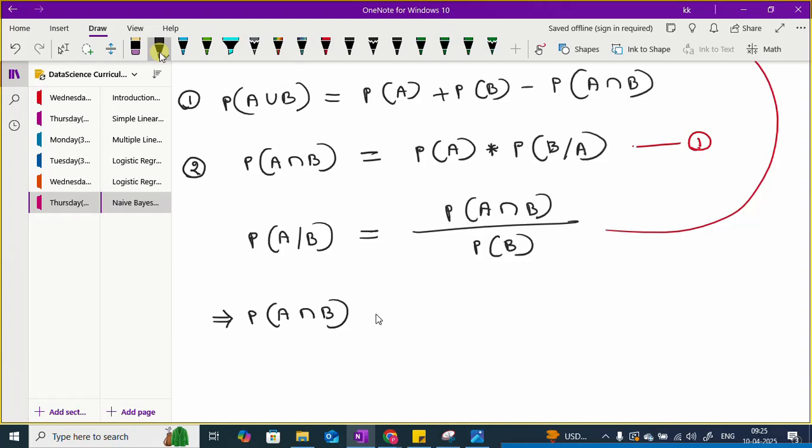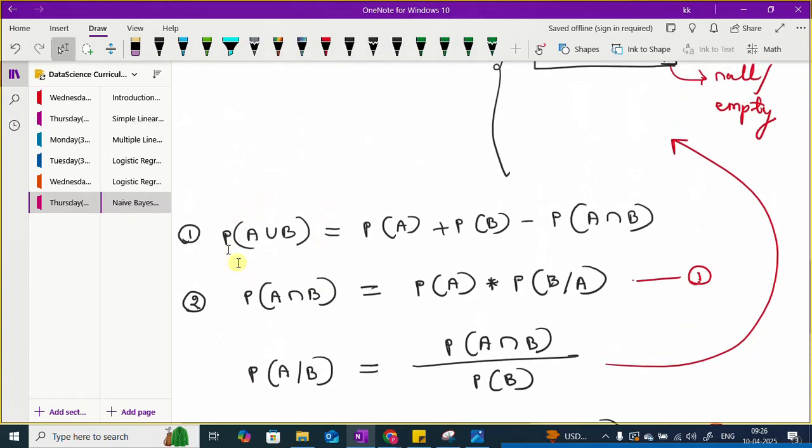Probability of A intersection B is equal to, think about it, the denominator will multiply over here. Now it will be probability of B multiplied by probability of A given B. Yes or no? This is equation number 2. Guys, are you able to understand? These are existing equations, so I'm not playing with them.